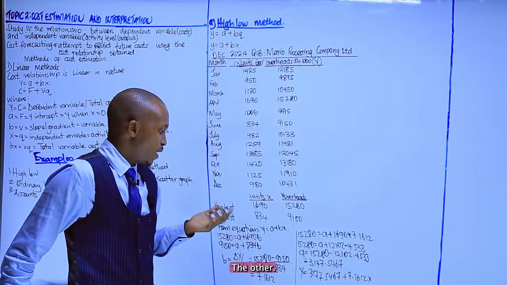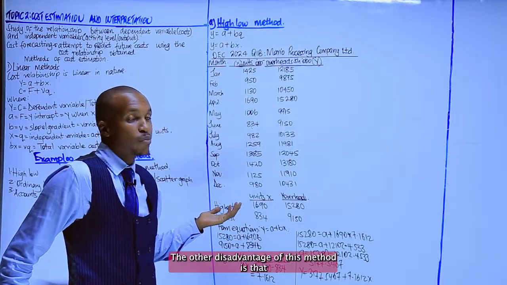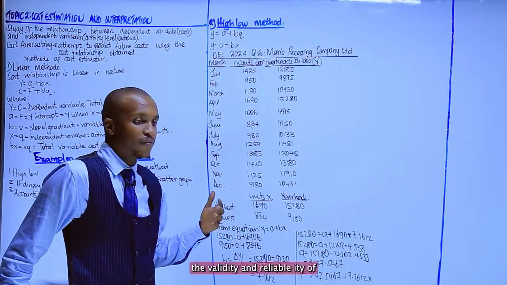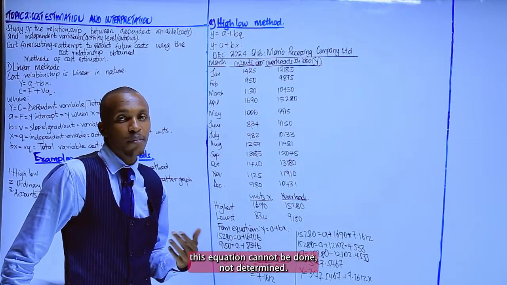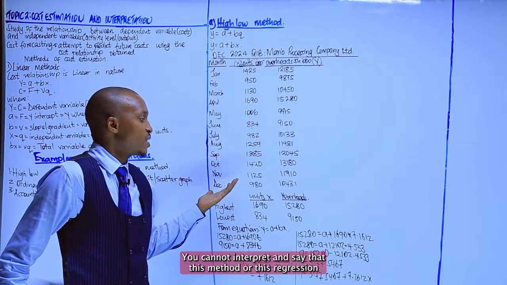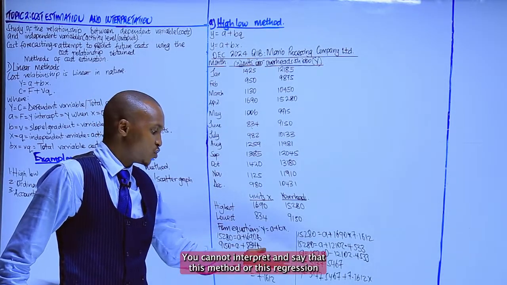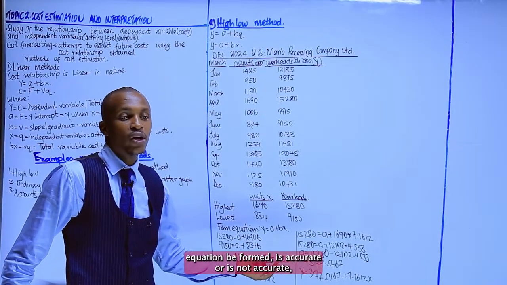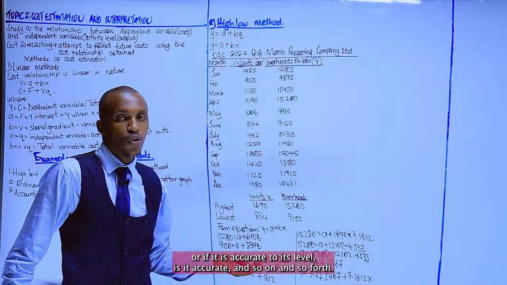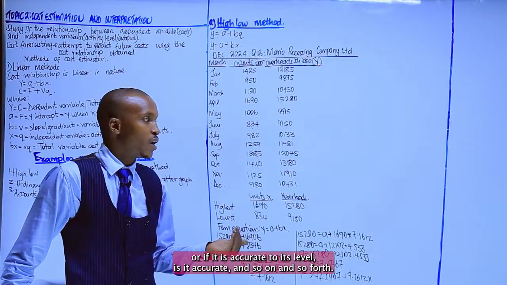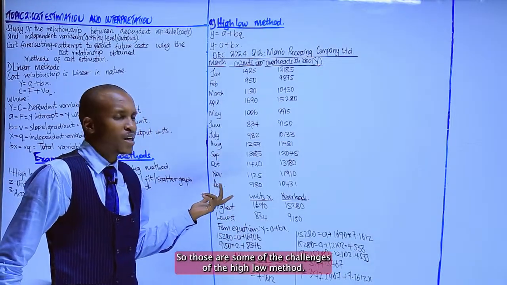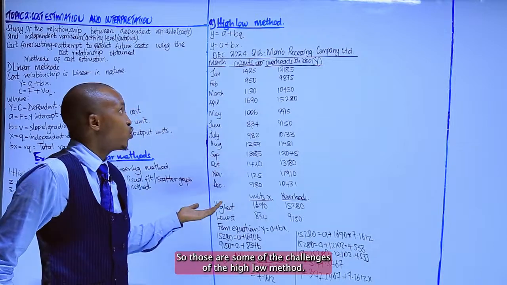The other disadvantage is that the validity and reliability of this equation cannot be determined. You cannot interpret and say that this regression equation we formed is accurate or is not accurate, or if it is accurate, to which level is it accurate, and so on and so forth. So those are some of the challenges of the high-low method.